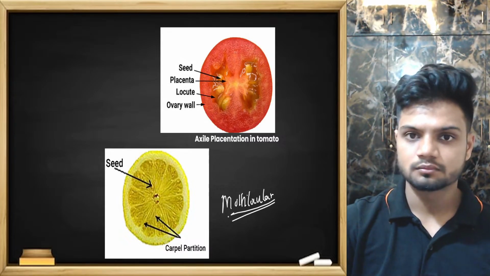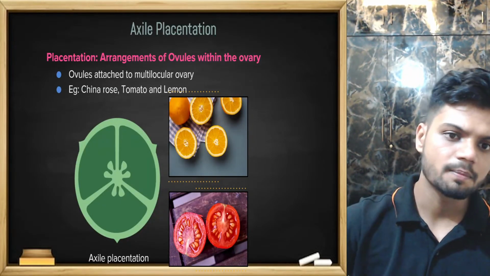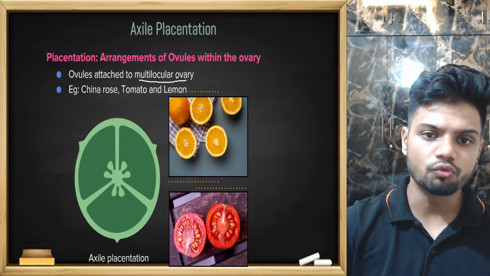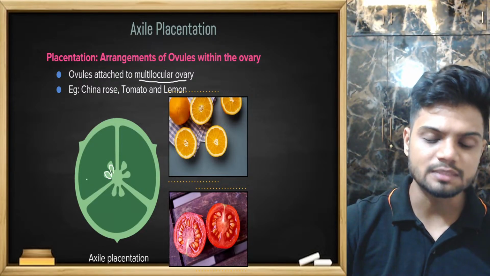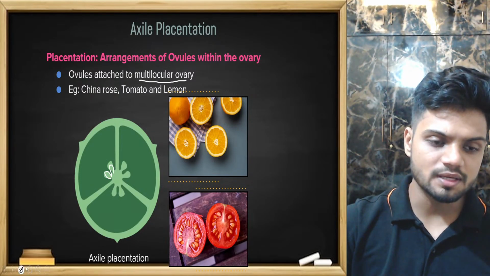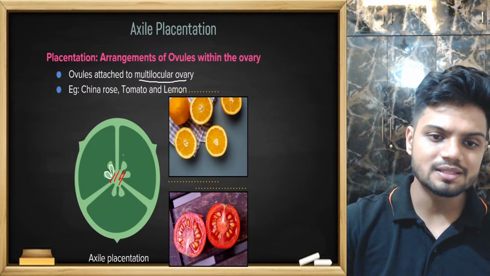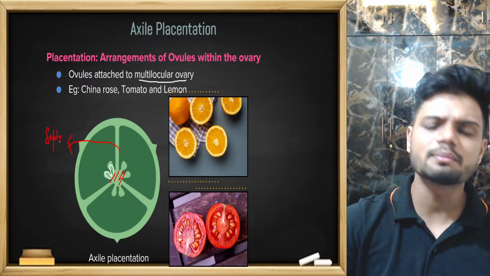The ovules are attached to the center of the multilocular ovary where the placenta is present, and there is septa formation. Basically, multilocular condition is the main thing here.